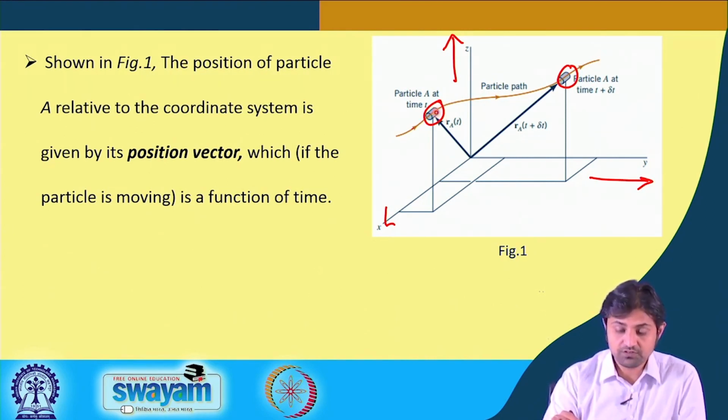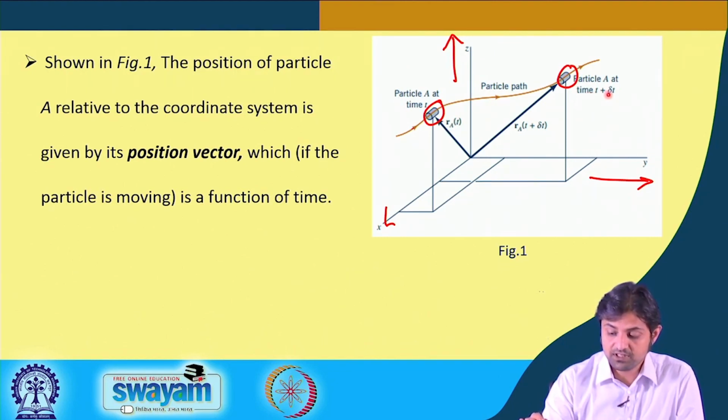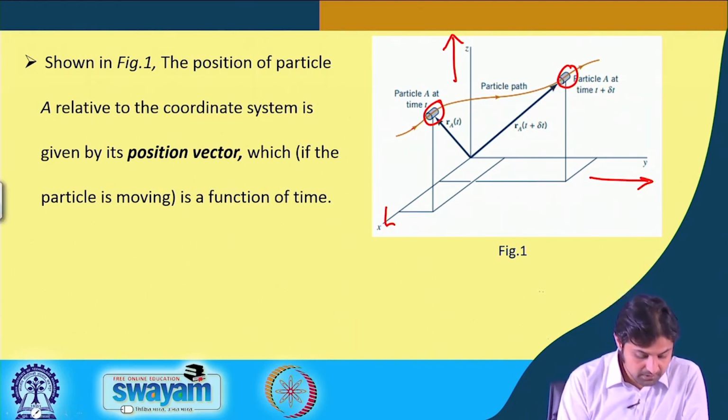The position of this particle is given by the position vector r_A at time t, and here at time t plus delta t, this is r_A at time t plus delta t.